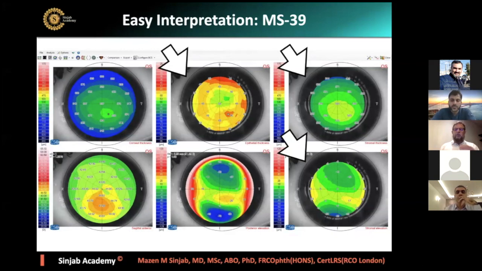As we know, we have anterior elevation of the cornea, which is the elevation of the anterior corneal surface, including the epithelium. And the MS39 gives you the elevations on the stroma without the epithelium, which has its own interpretation, as we will see later in a few cases, in addition to stromal thickness.